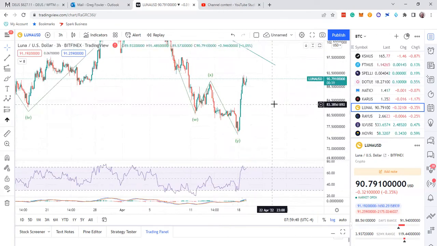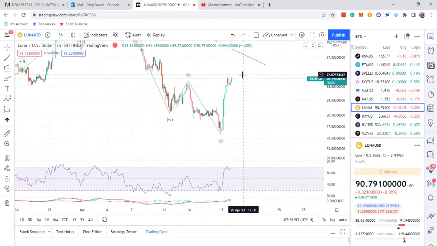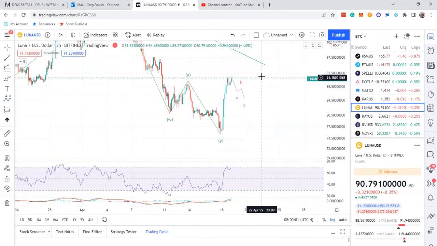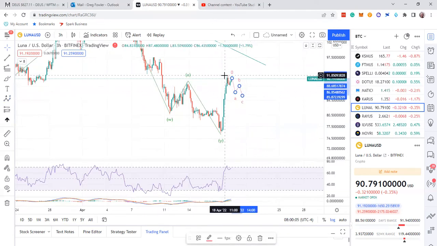So I want to go over Luna, pay attention to Luna. If you want to have some patience and take some risk, once that 5th wave is complete, you could have a short trade there if you want. And the cool thing about Luna is more than likely, Luna is going to come down into some sort of 3-wave move, like that, and then it'll come down from say 91 or 92 and maybe come down to 86 or something like that.